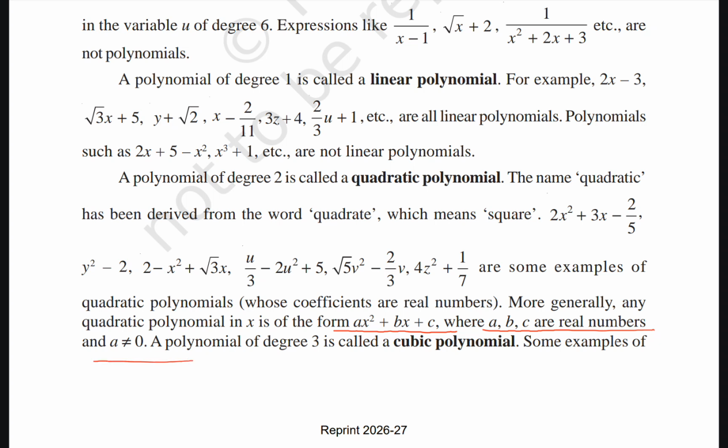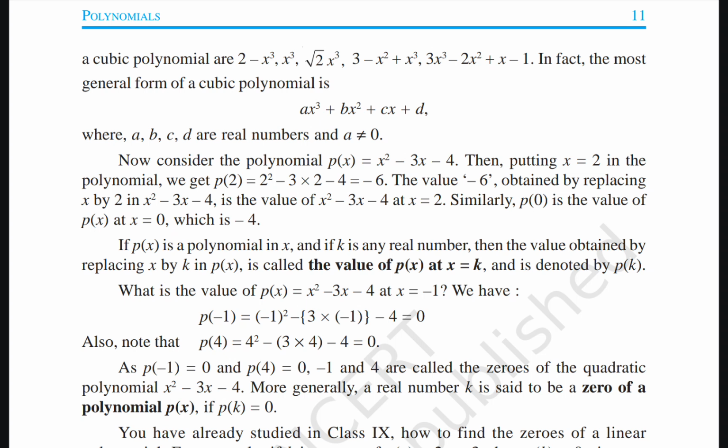A polynomial of degree 3 is called a cubic polynomial. Some examples of a cubic polynomial are 2 - x³, √2x³, 3 - x² + x³, 3x³ - 2x² + x - 1.